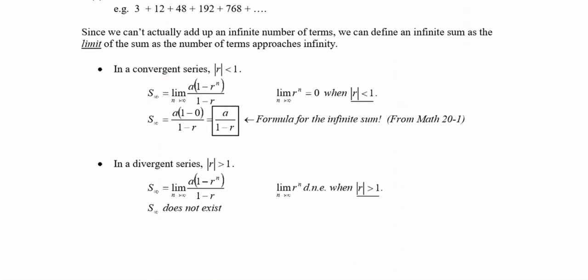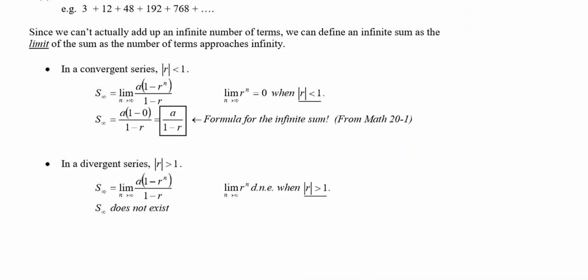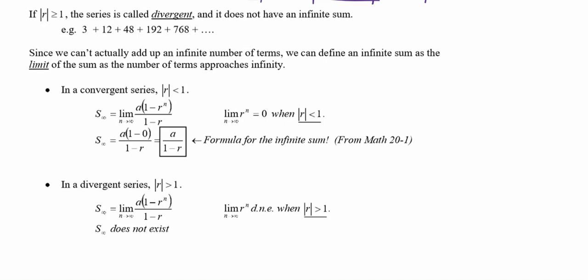So in a convergent series, let's actually take the limit, which is just showing you how this works. If we say the sum of the infinite series is the limit as n approaches infinity, we can do the same little trick there. We can take the limits of each of these individual pieces. And if you take the limit of R to the n when R is less than 1, so it's a fraction, what do you get there?